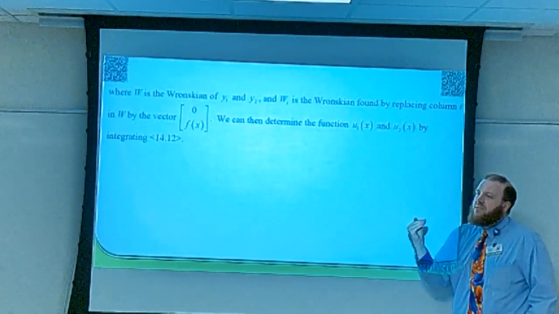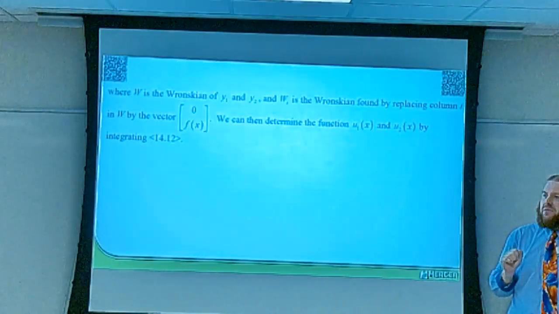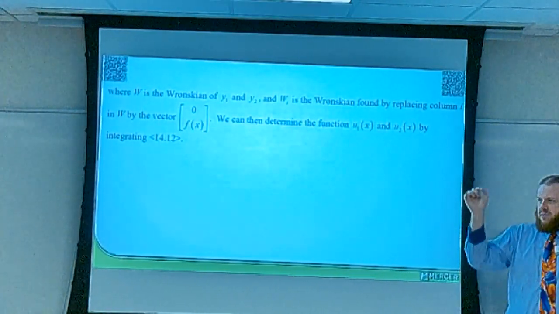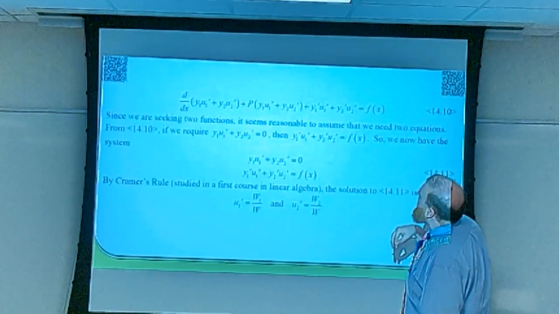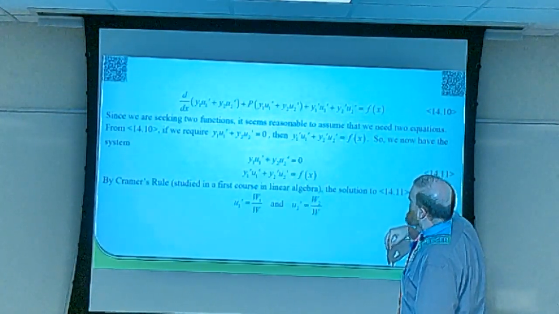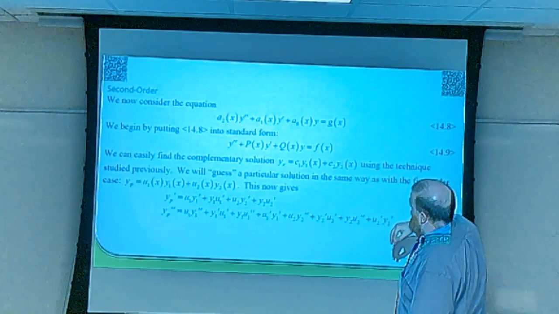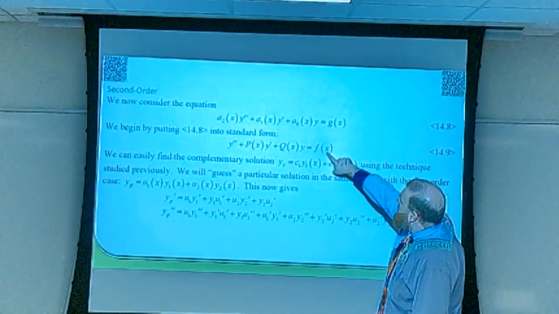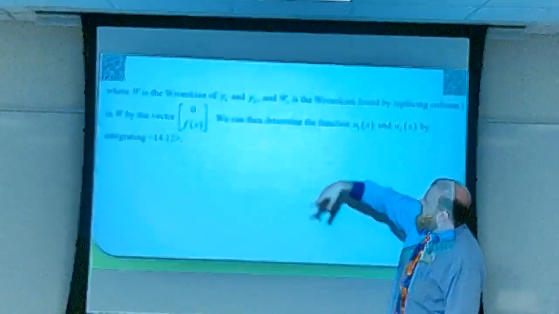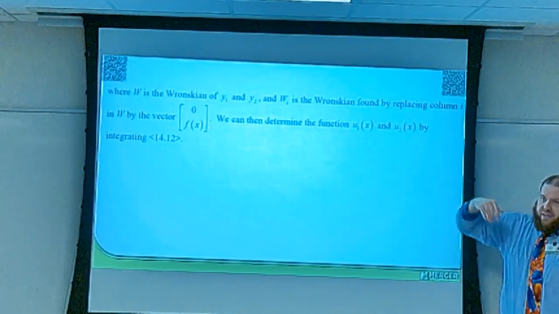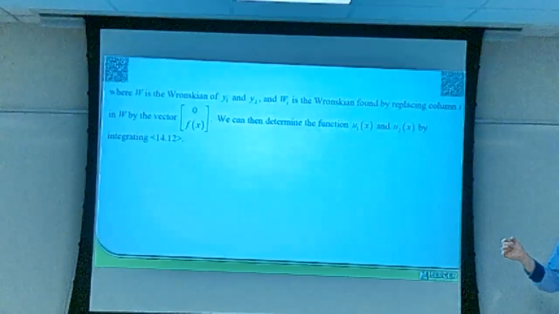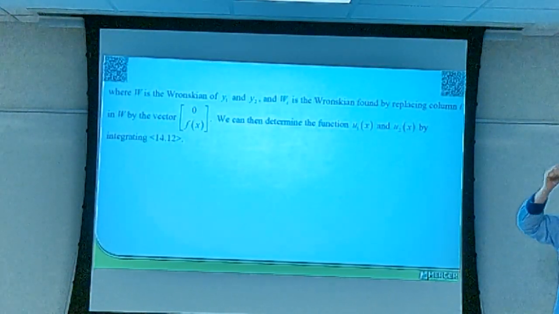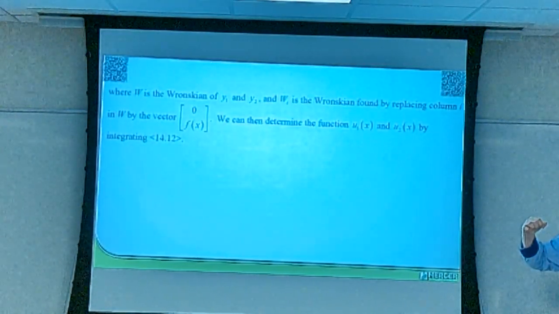So w1 would be 0, f of x, and then y2 prime, and then w2 would be y1 prime, 0, f of x.